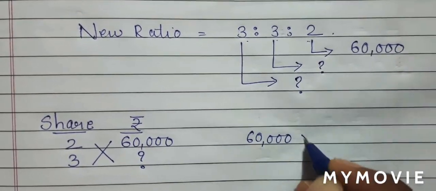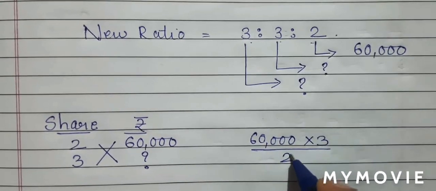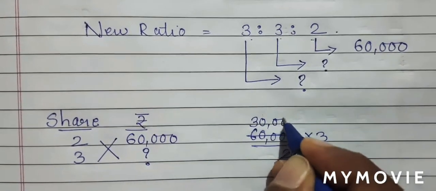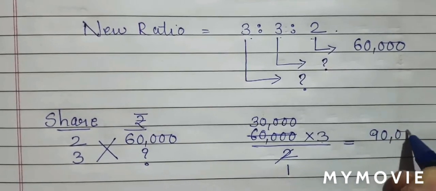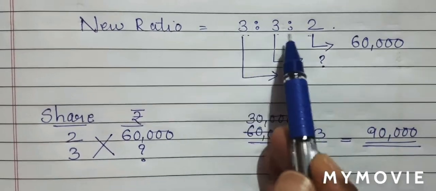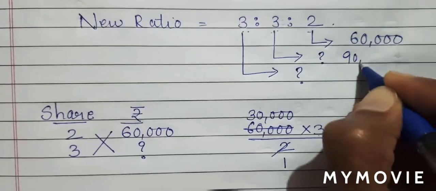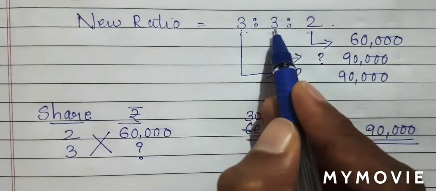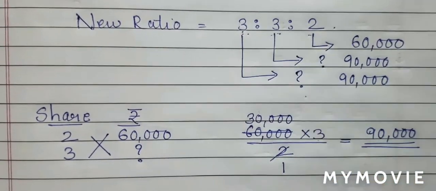60,000 multiplied by 3 divided by 2. So I'll do the calculation. 2 ones are 2, 3s are 6. So I have 30,000 multiplied by 3, which is equal to 90,000. Which means Vrushali and Leena both will bring in the same amount, that is 90,000, because both of them share the same ratio. So this is our new capital.